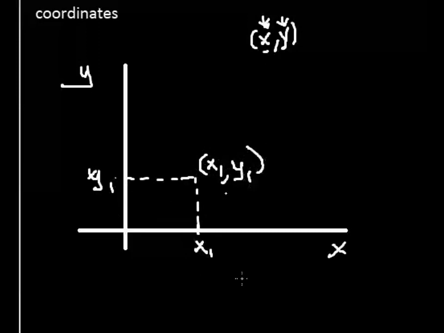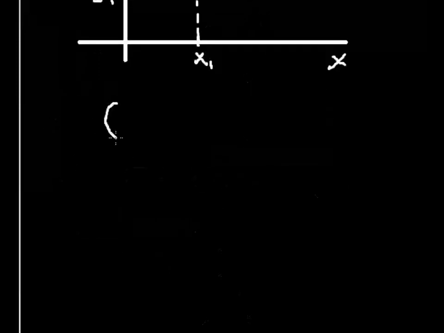Anytime you see this, let's say for example 2 comma 3, this is a coordinate that you can locate in a graph. So let's locate this coordinate in a graph.